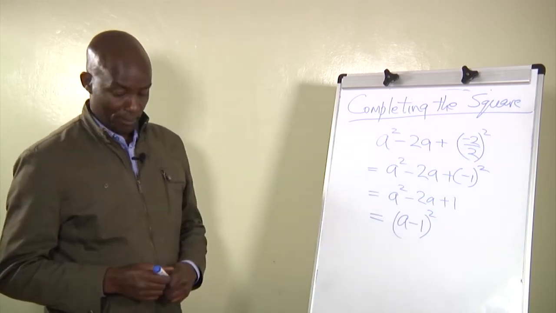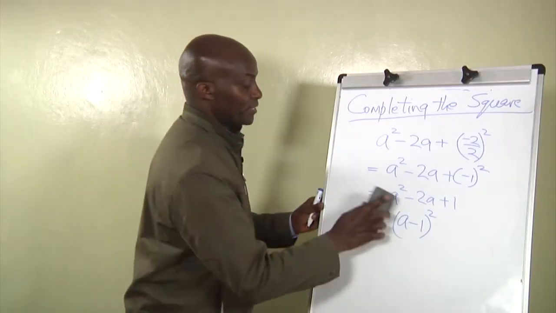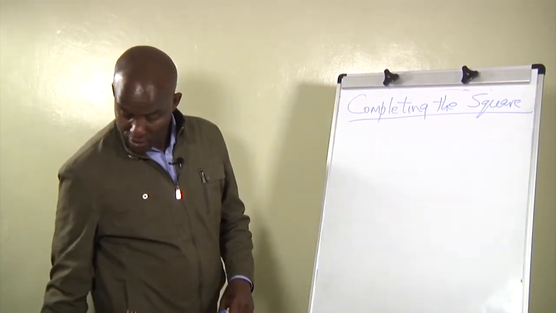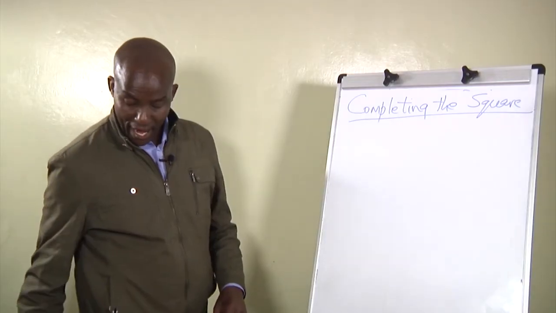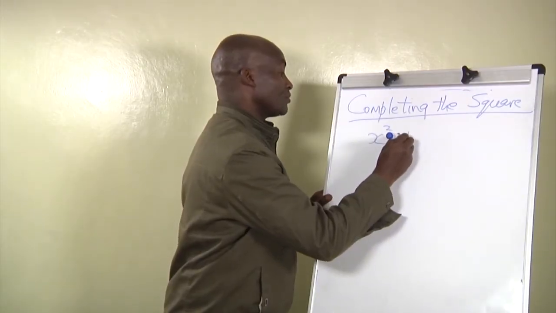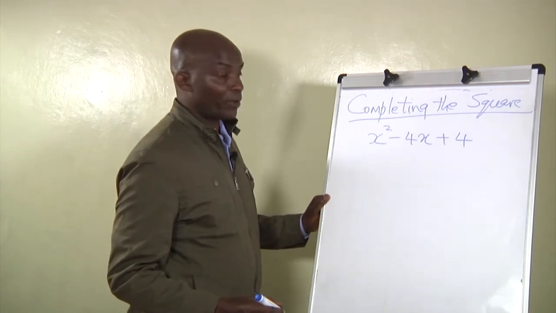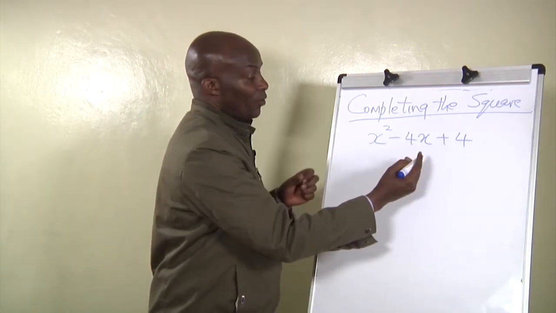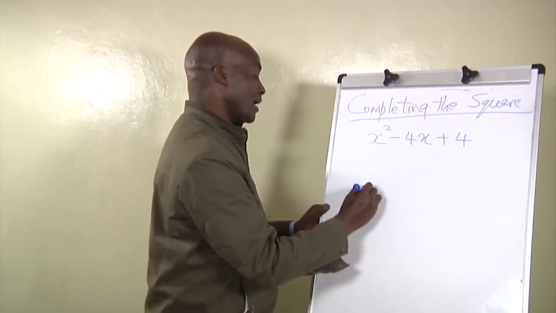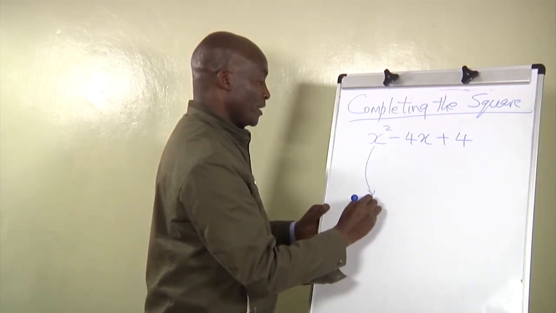Now, for any perfect square, if, for example, I have x squared minus 4x plus 4, which is a perfect square, to get what this is a square of, the first term here will be the square root of this.